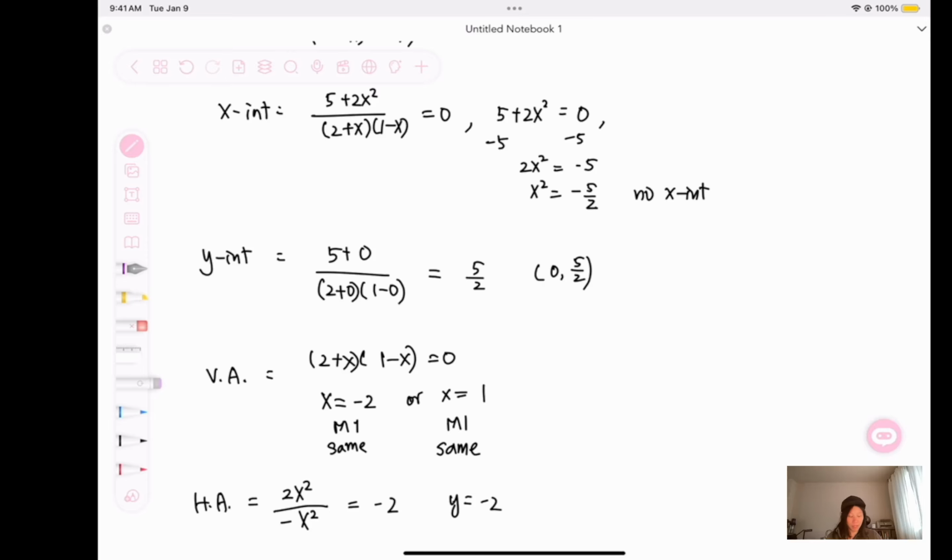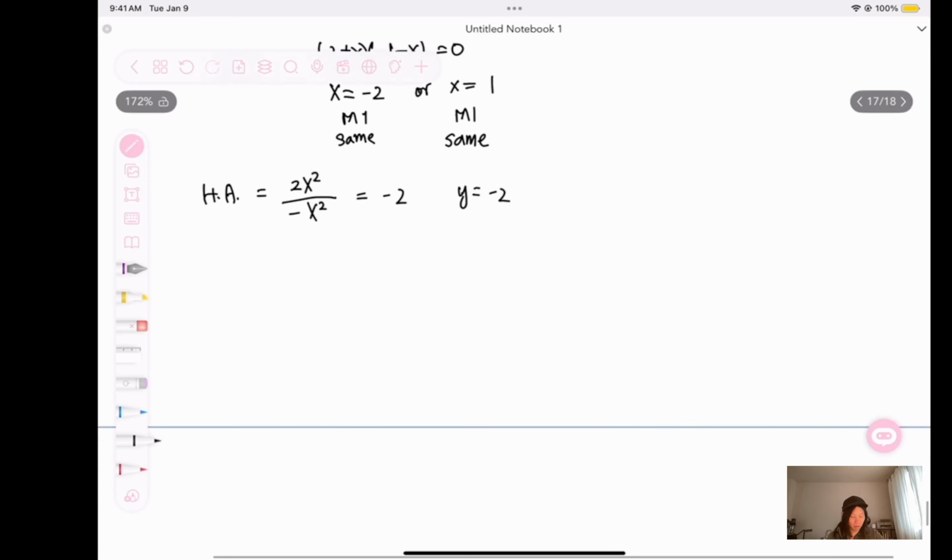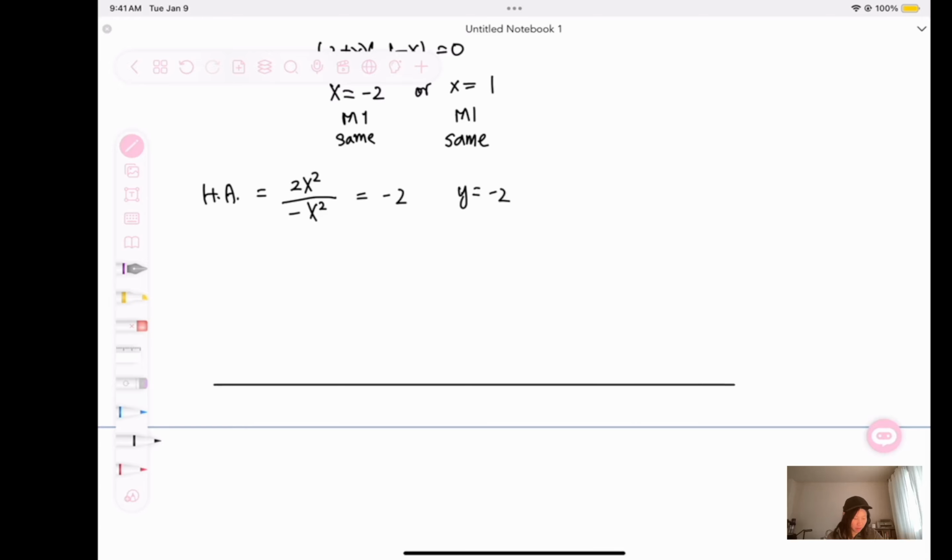All right, next, let's draw it. So we have a graph. We have the coordinate plane, y and x. For the horizontal asymptote, we have negative 2.